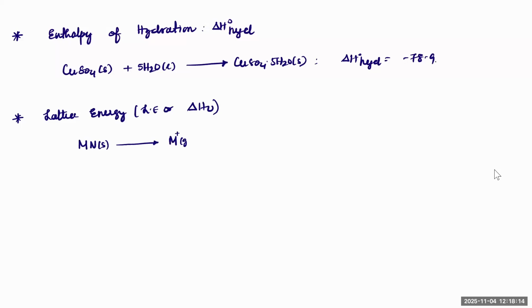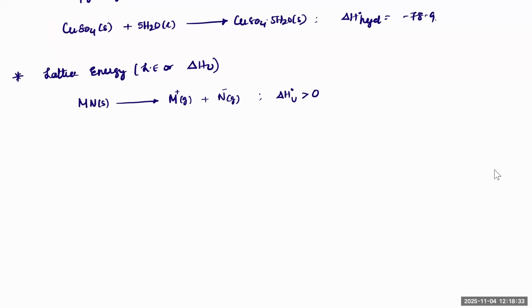If you have it in the gaseous state, M plus and N minus gaseous, then delta H of the reaction is the lattice energy required. If you put the same thing in reverse, then that is also lattice energy, but lattice energy released.